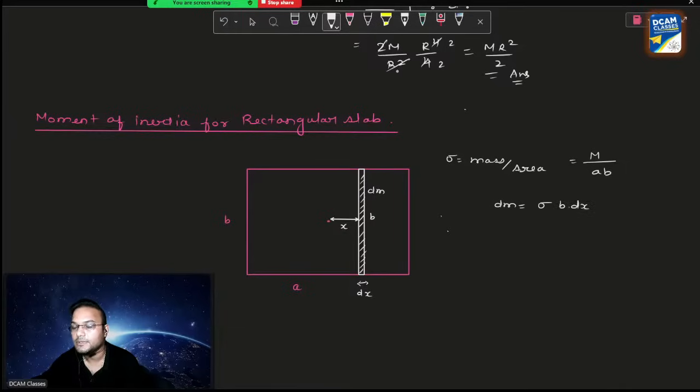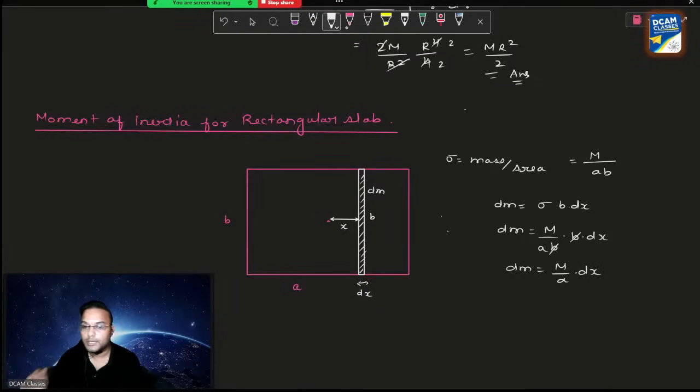That's dm. So dm will be equal to m by ab into b dx. Then you can cancel this b with b. So the mass dm of this has become m by a into dx.